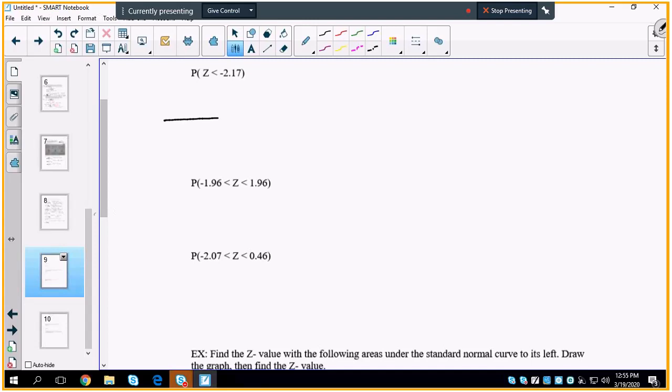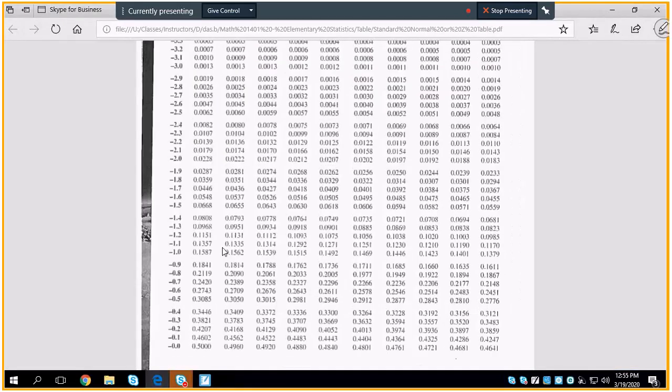So this one can directly be computed from the table. Negative 2.17 is on the left of the mean, and I want even further left. Go to the negative side of the table and go to row negative 2.1 and column 0.7, that is 0, 1, 2, 3, 4, 5, 6, and 7. So that's 0.0150. Directly your answer.